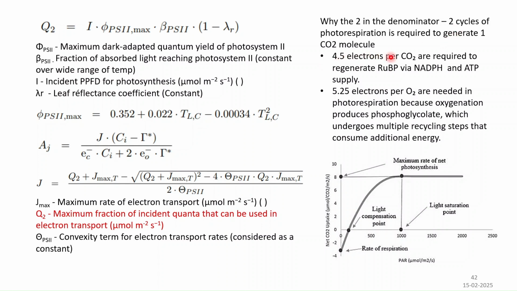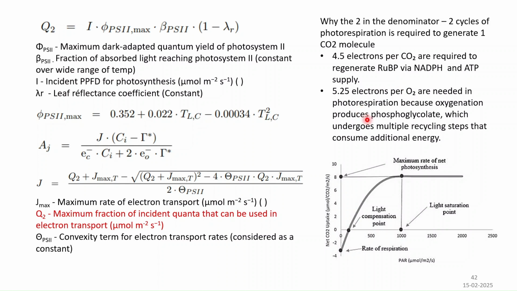So 4.5 electrons per carboxylation are required to regenerate RuBP via NADPH and ATP. So you can go back to the Calvin cycle to see that RuBP regeneration is making use of NADPH and ATP. So 4.5 electrons are required to regenerate one RuBP using this NADPH and ATP.